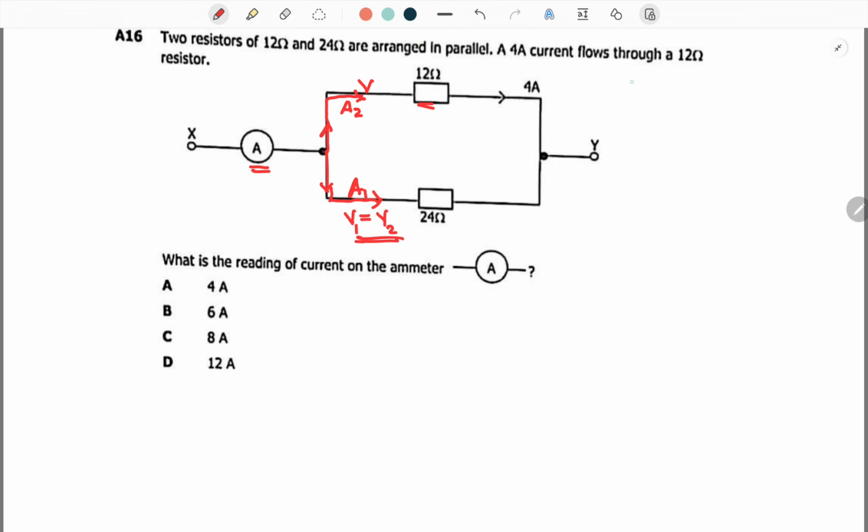We know that I said a 4 ampere current flows through this 12 ohm resistor. So we know that voltage is equal to the current multiplied by your resistance.